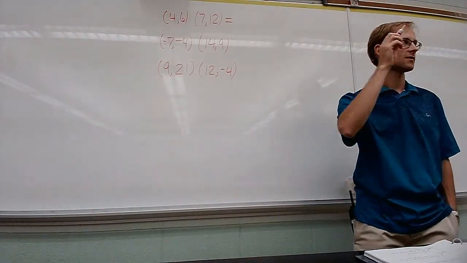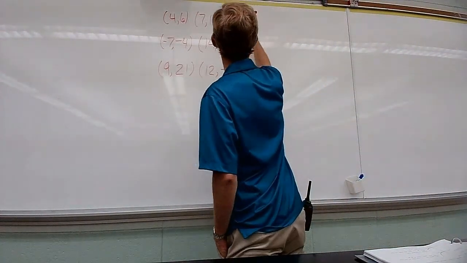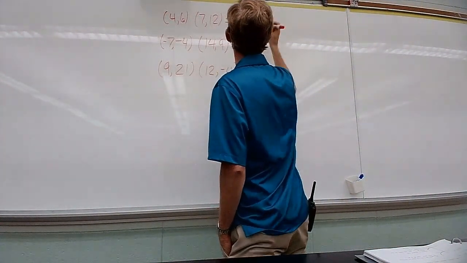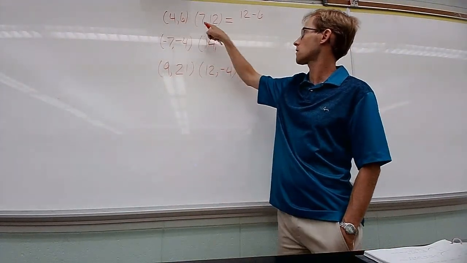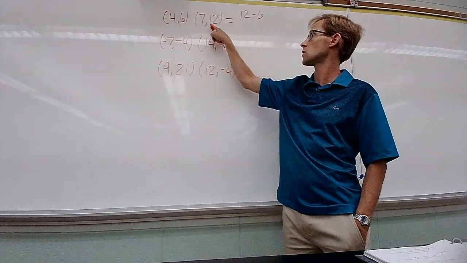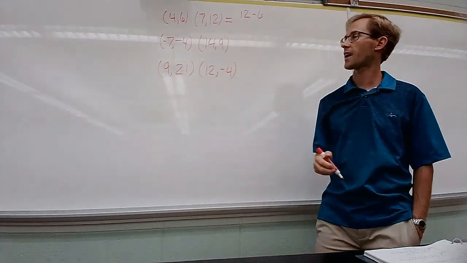Placido. 12 minus 6. Okay, yep. And that's because, again, it's rise over run. We're going up from 6 to 12, so we take the difference between those two numbers. And the denominator?